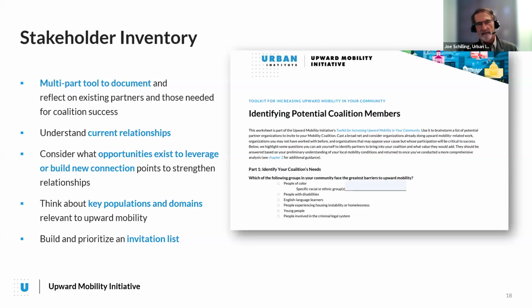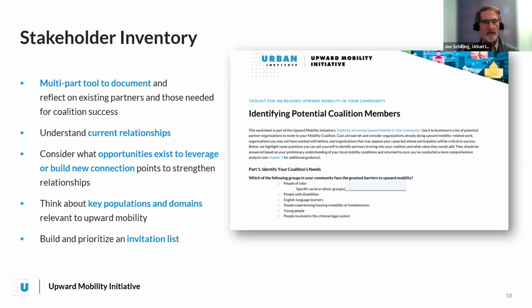A good place to start is with a stakeholder inventory and assessment, because what this does is it really helps you reflect on maybe who is currently part of your coalition, or as you're forming your coalition, who should be on that invite list.